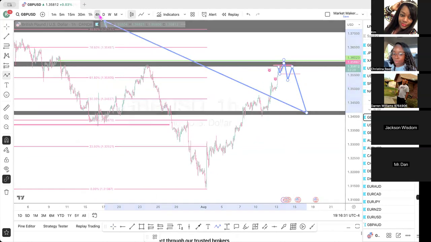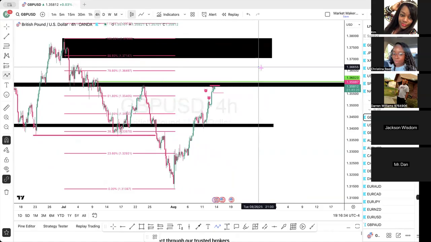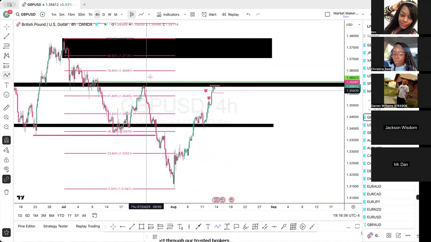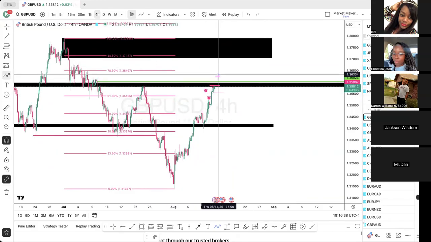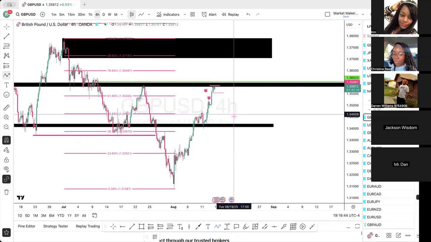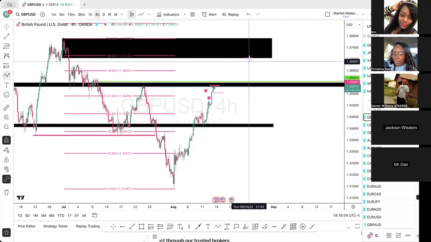Because we know about market structure, if price closes above this high, it might just wick above this high and then sell down and start selling back down. If it closes above this high, then we're looking for the pullback to continue buying.